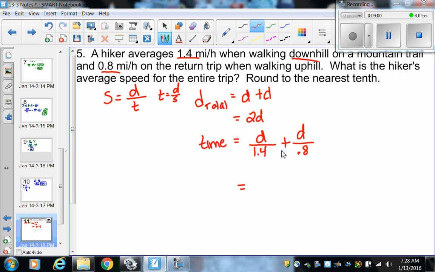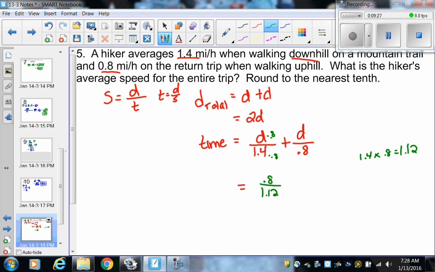So a common denominator, easiest way to do it on these type of problems is just to multiply these two numbers. So off to the side, if you do 1.4 times 0.8, you're going to get 1.12. So then for this first fraction, if I change that to 1.12, the top has to be multiplied by 0.8.